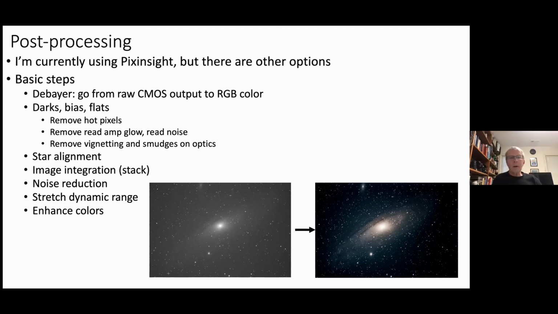I think my newer camera is better than the older one too, so I think they're gradually getting rid of that. But the main reason you need to get rid of hot pixels is for the next step, which is the star alignment.